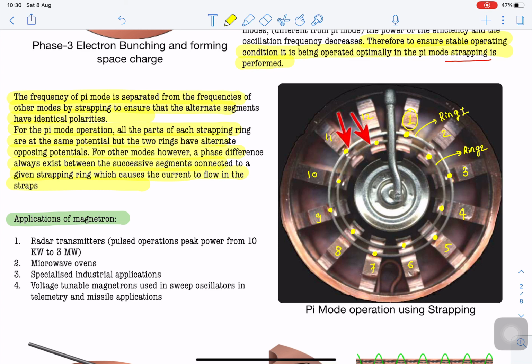Alternatingly short circuiting the cavities to the heavy metallic ring, we call this process strapping.